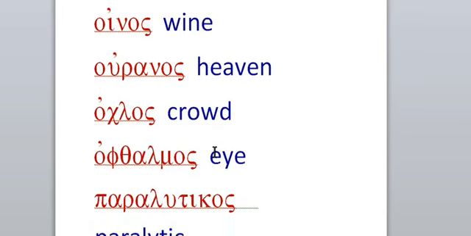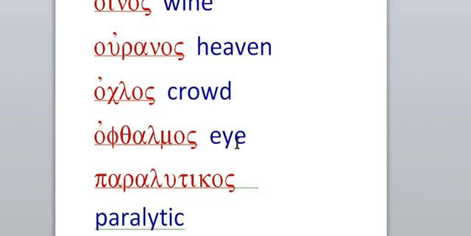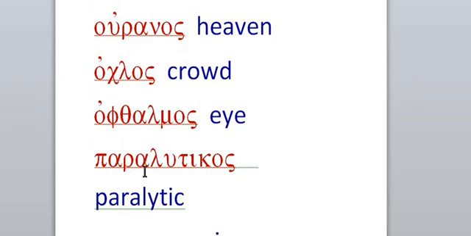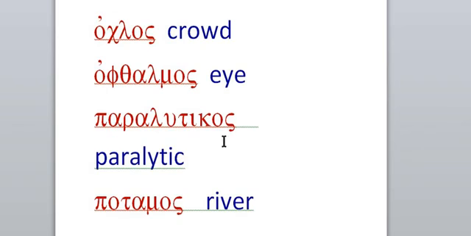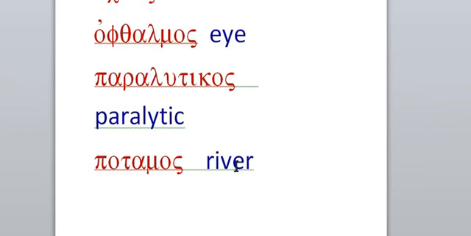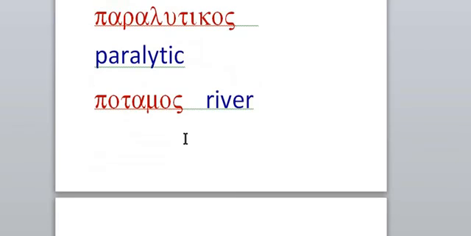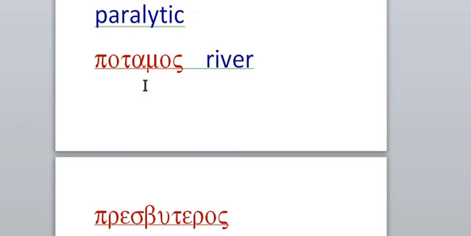Ochlos, crowd. Ophthalmos, eye, that's from where we have ophthalmologist. Then paralyticos is easy to remember, paralytic. Then potamos, river, that's how we got hippopotamus. Hippo means horse and potamos means river, river horse is hippopotamus.